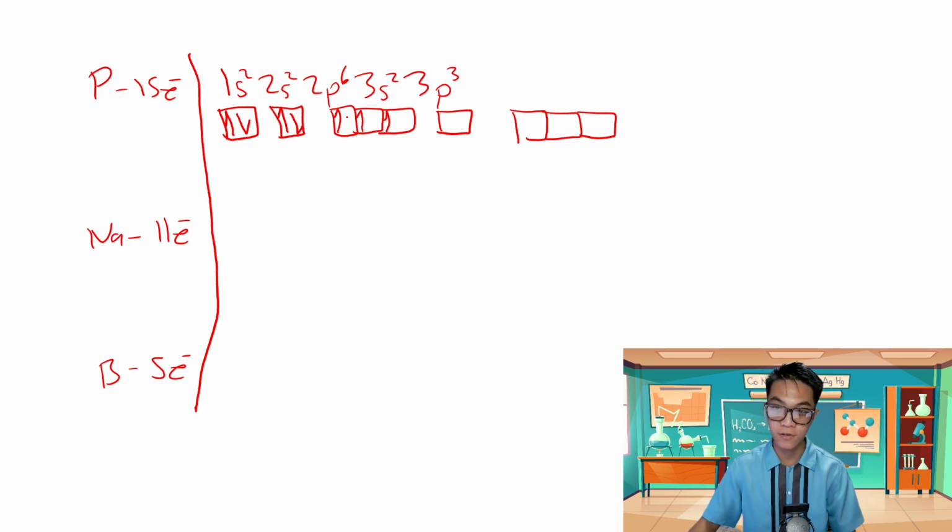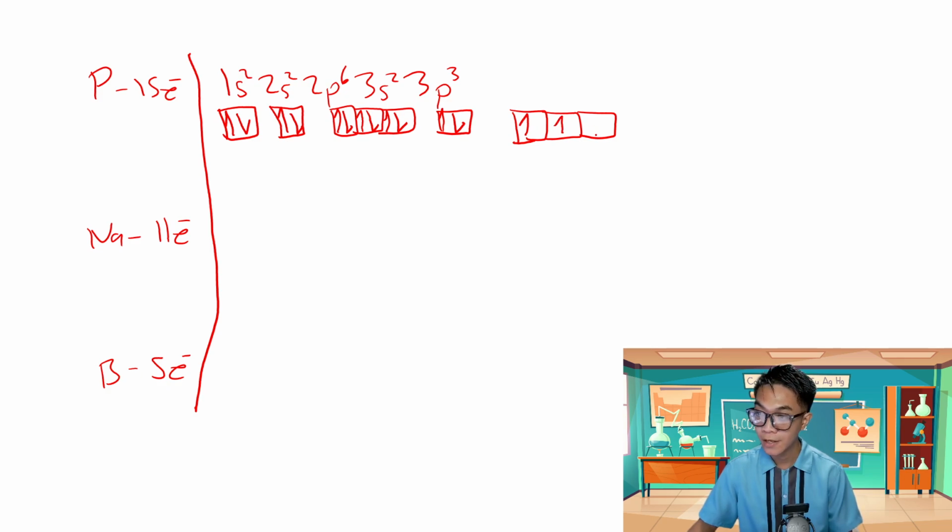Let's go back to the other and fill them out by pairing them with each other: 2p4, 2p5, and 2p6. For the 3s orbital, this is 3s1 and 3s2. For the 3p, finally, following Hund's rule, occupy all of them first. This will be 3p1, 3p2, and 3p3.